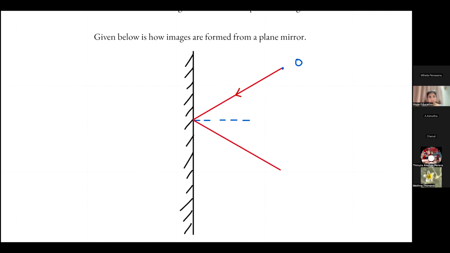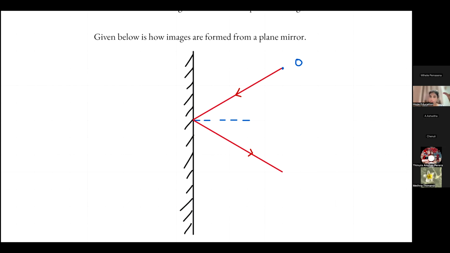It will be reflected in such a way that the angle of incidence is equal to the angle of reflection.